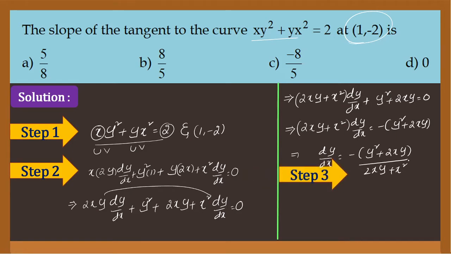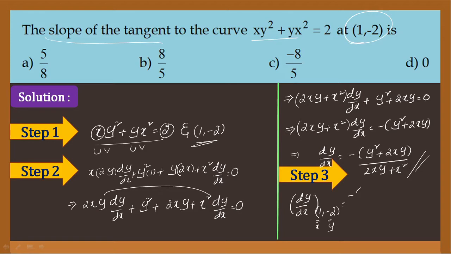Now, substituting the given point in this, we get the slope of the tangent. So, here dy by dx at (1, minus 2) equals, here x equals 1, y equals minus 2.